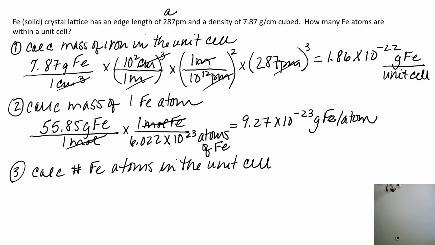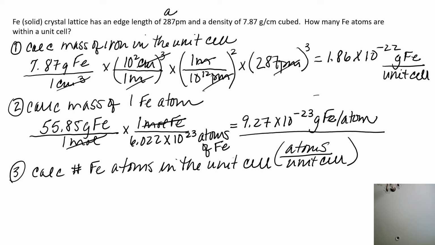In order to set that up, we want to get rid of the masses of iron, and we want to end up with units of atoms per unit cell. So I have to orient these two solutions such that my grams of iron cancel and I have atoms on top and unit cells on the bottom.